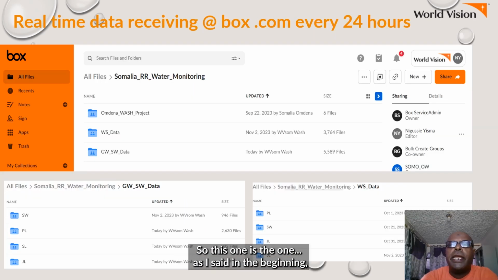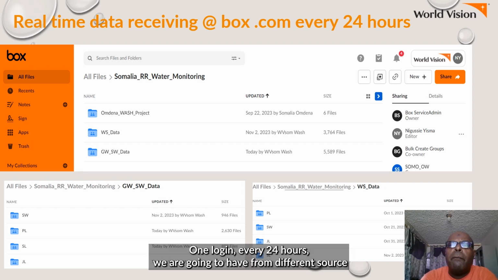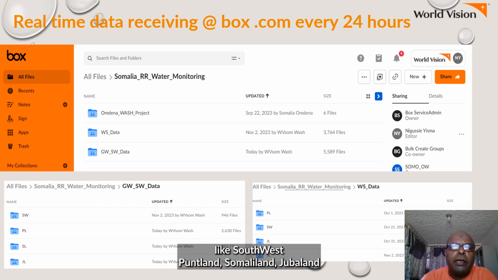This one, as I said in the beginning, is the real-time data receiving box, which is in OneDrive, one login. Every 24 hours, we receive data from different sources like Southwest, Puntland, Somaliland, and Jubaland, arriving every 24 hours into the box.